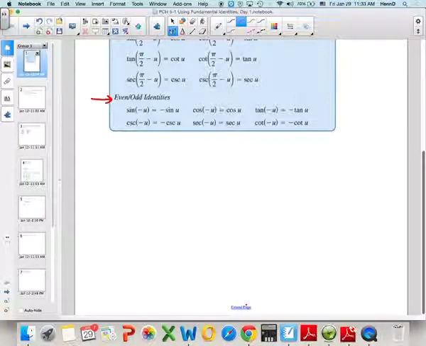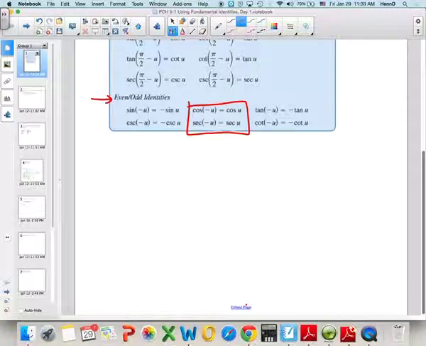Okay? So, you'll notice here, starting out with cosine, when looking at all three, notice that the reciprocal functions follow the same pattern that their reciprocals do. So cosecant does the same thing that sine does. Secant does the same thing that cosine does.